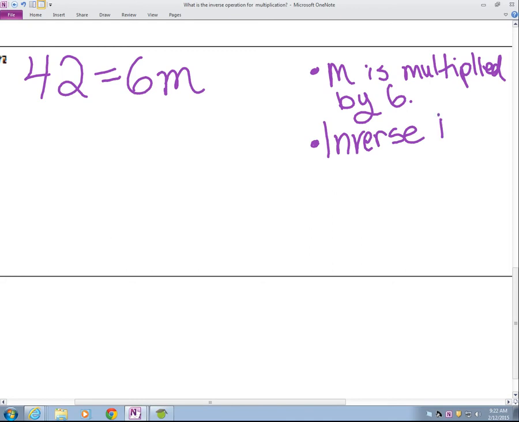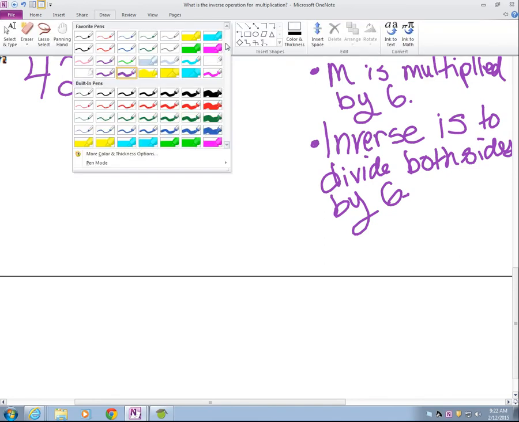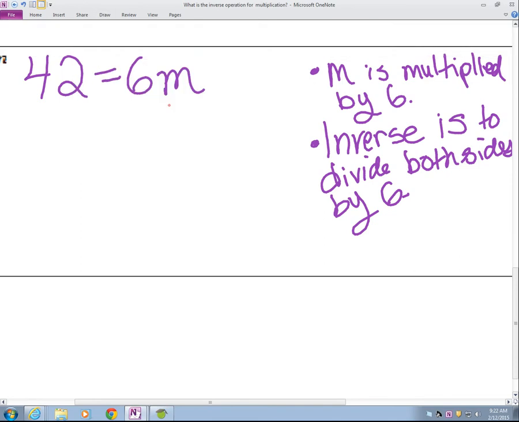The inverse is to divide both sides by 6. Divide both sides by 6. You do that one. You finish that one. I want to see it checked.